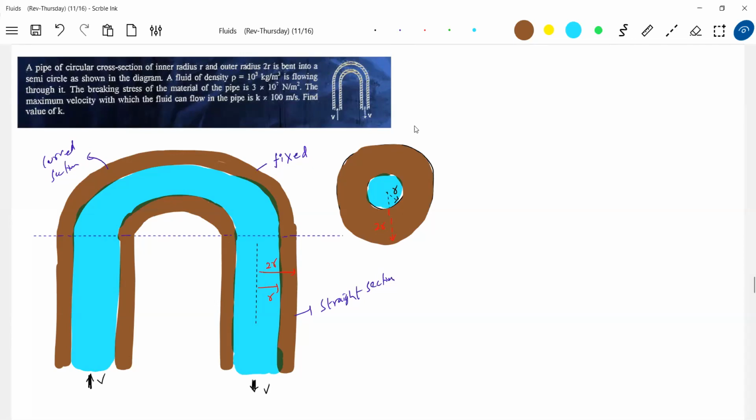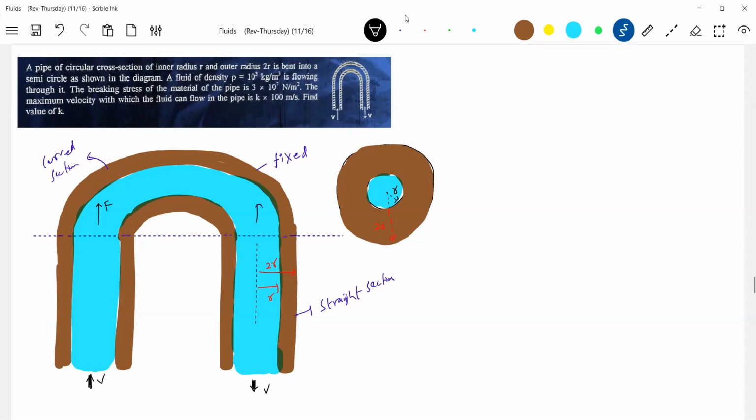Agree? So where will the force be acting? The force will be acting in this region. Here F and F you can add up. So what is F now? The force we have to calculate.